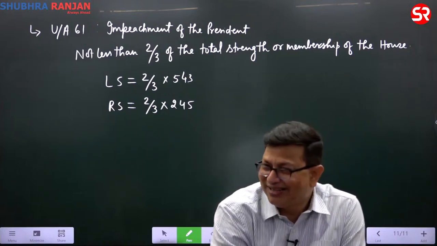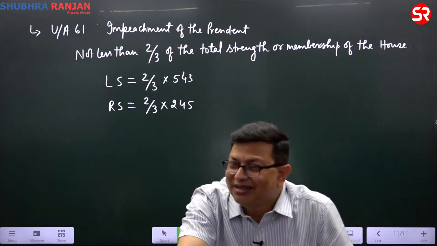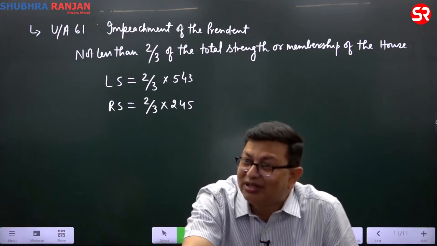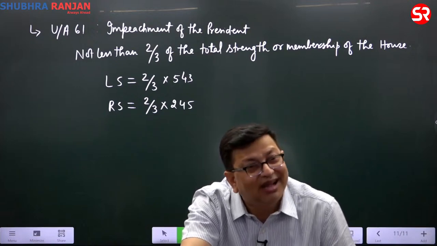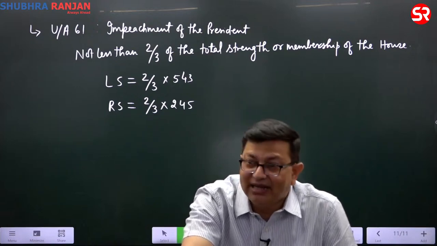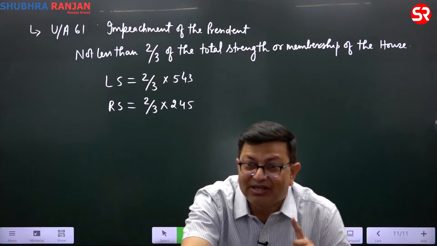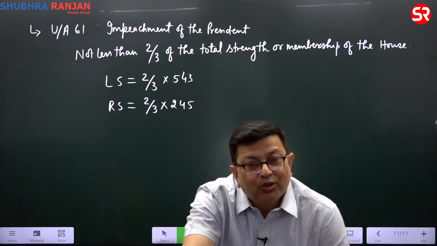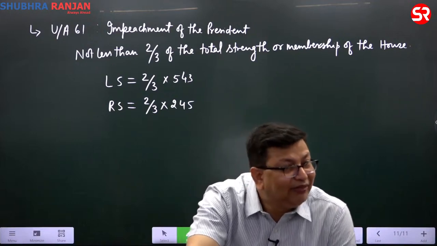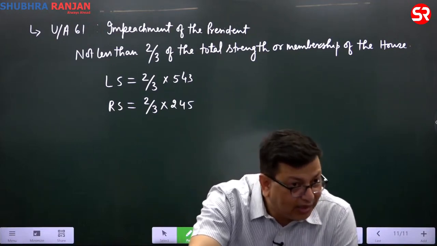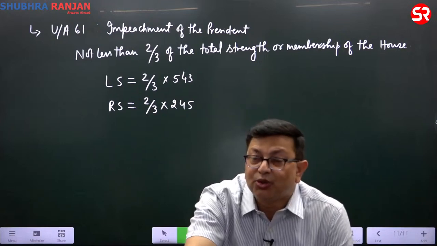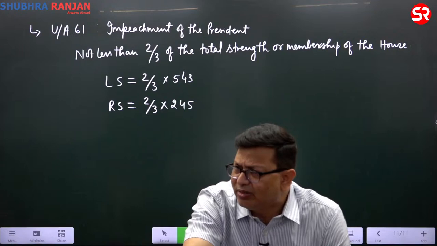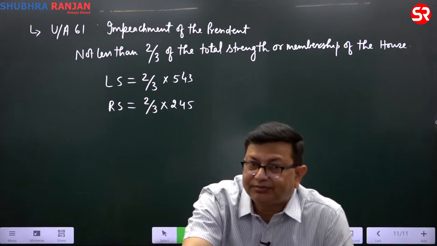That is why in loose terms, the expression impeachment is used even for the judges of the Supreme Court as well as the High Courts. But technically, the word impeachment has been mentioned only for the president. Done? So, these are the different types of majorities required under the Constitution of India. If you have any doubt, you can feel free to ask me. Yes.